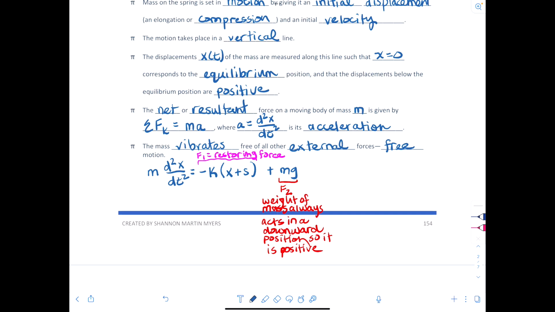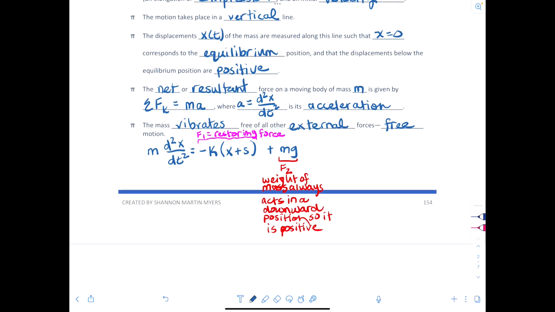All right, so if I go ahead and distribute that negative k throughout, I will get m times the second derivative of x with respect to t is equal to negative k times x minus k times s plus m times g. But what do we know about m times g and k times s? The difference between them has to be 0, right?